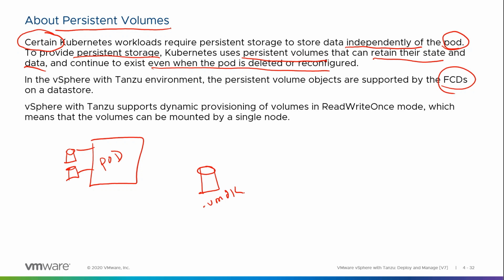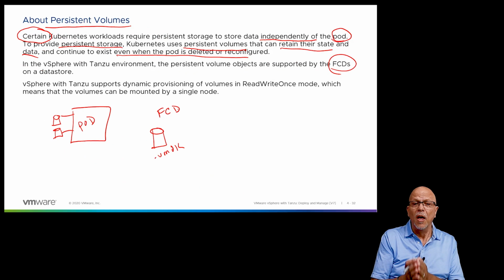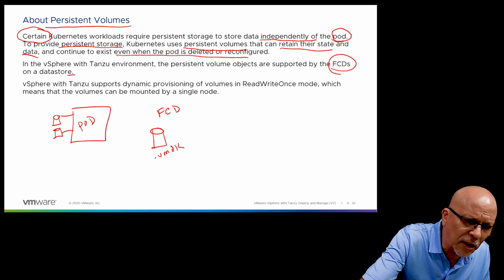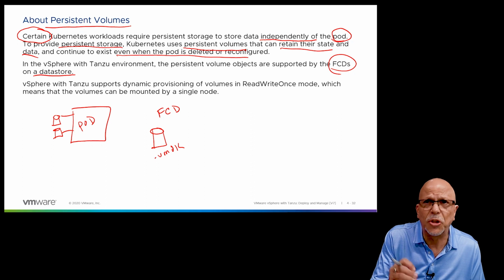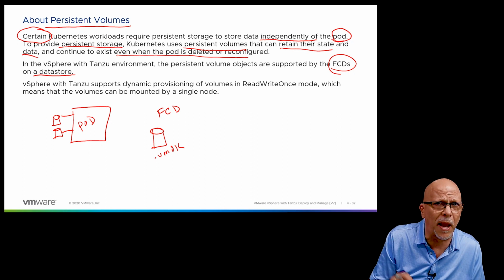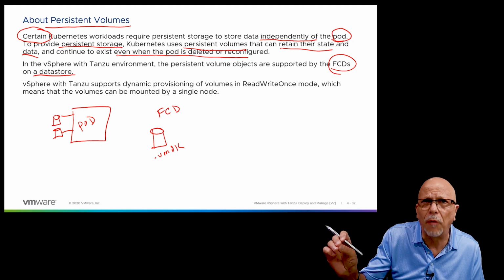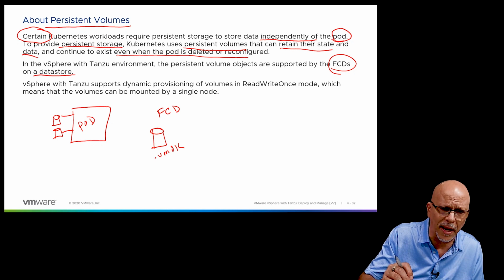However, this disk is going to have a special attribute or name attached to it called a first-class disk. This first-class disk is going to be stored on a particular datastore based upon how you created your namespace, in which vSphere policies you attach to the namespace.